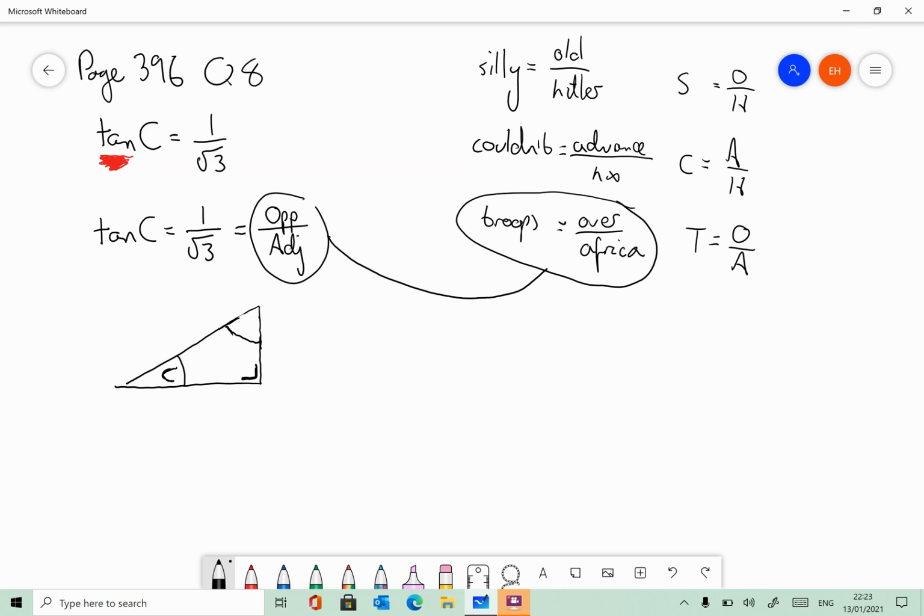So I'm talking about this angle down here, angle C. Now, I know that the opposite is the number 1, and the adjacent is the square root of 3. So this side here is the adjacent, so therefore that must be the square root of 3, and the opposite to the angle C is the number 1.